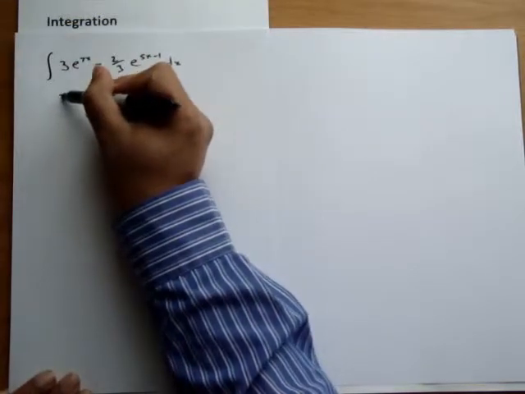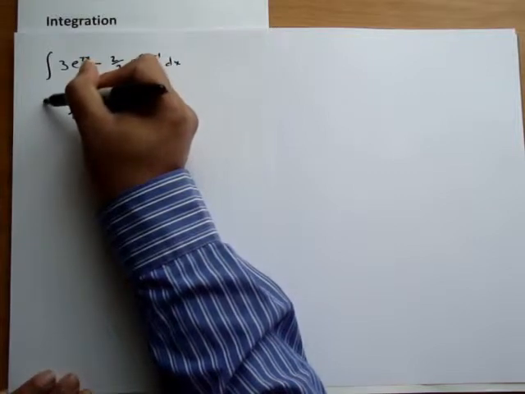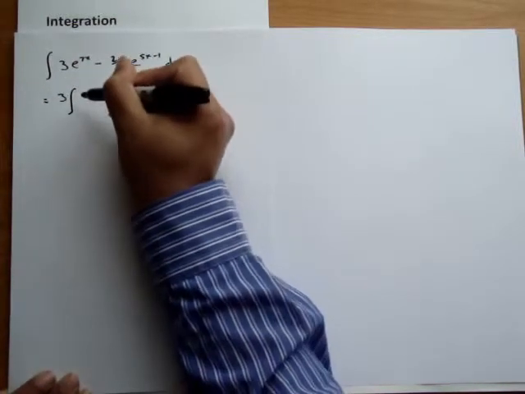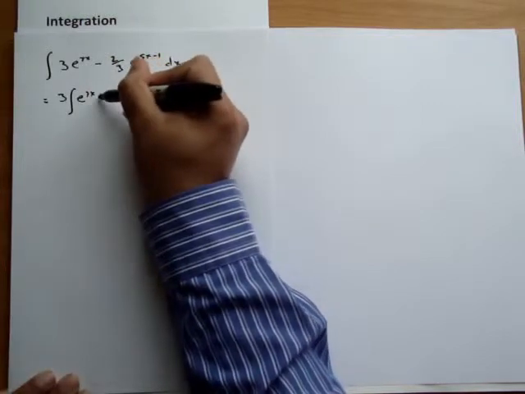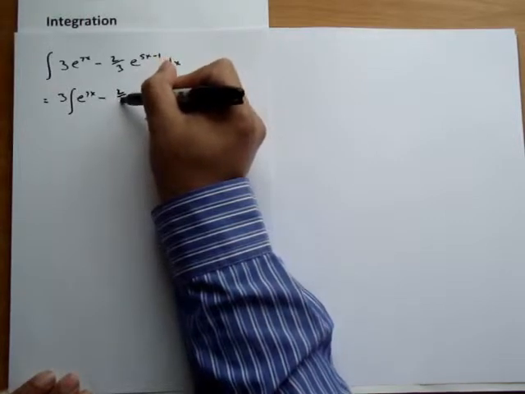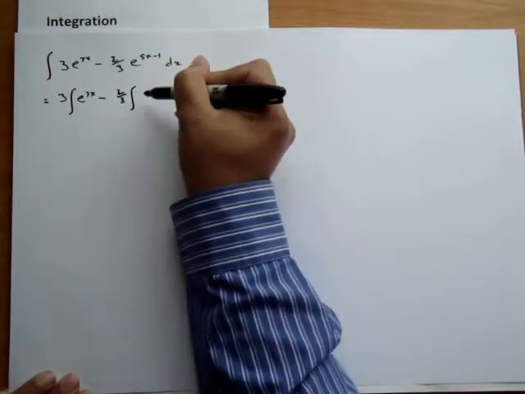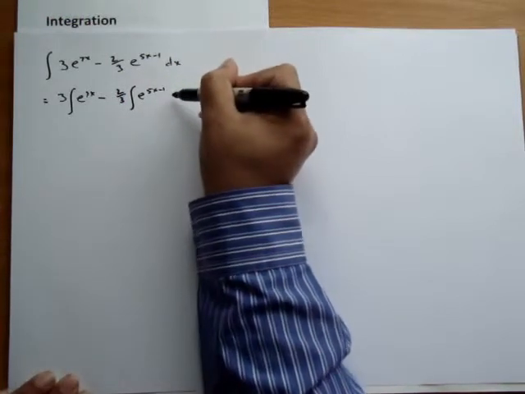So we have 3 integral of e to the 7x minus, bring the constant to the front, e to the 5x minus 1 dx.